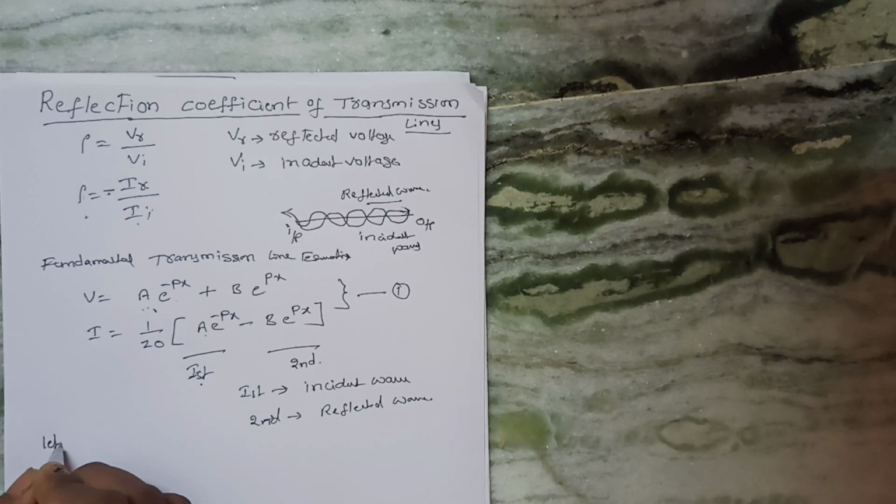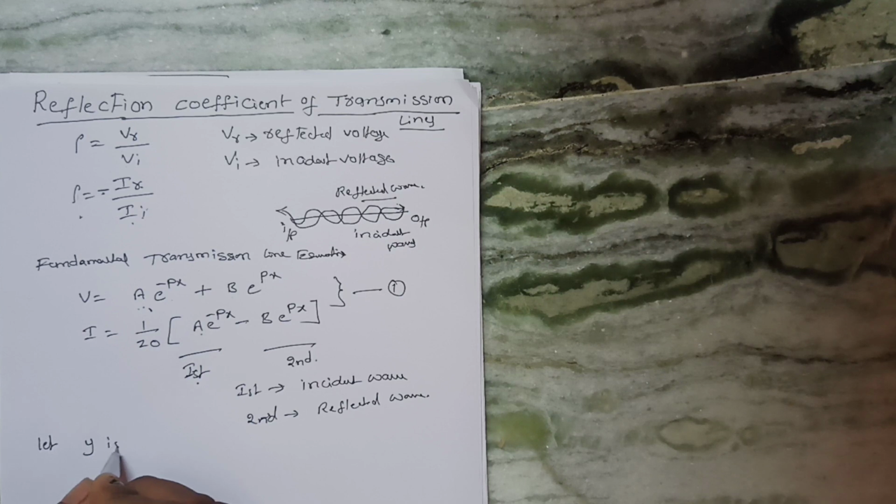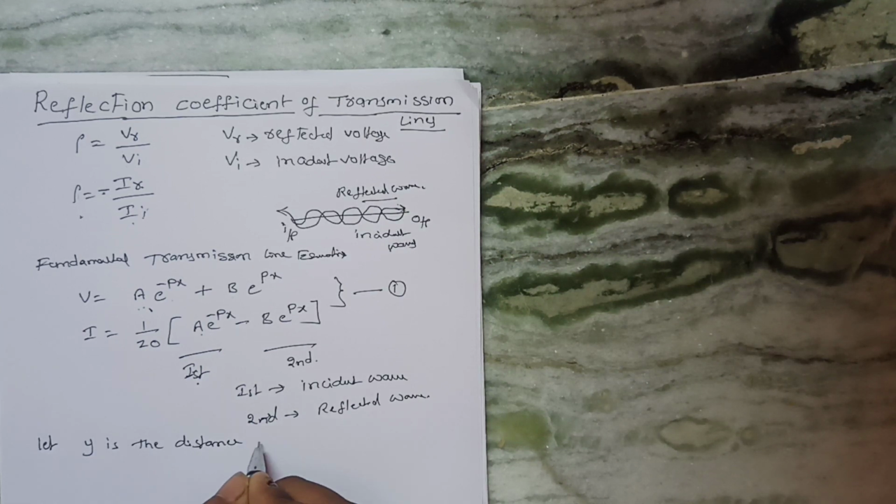Let y be the distance from output to the input. For example, this is the input port and this is the output port. X is the distance from input to the output, and y is the distance from output to the input.